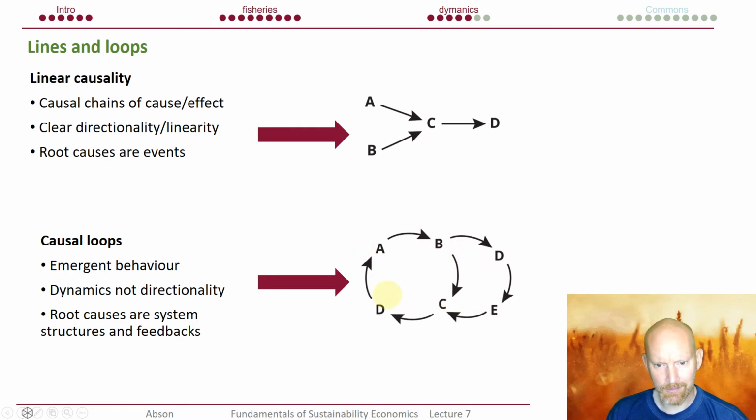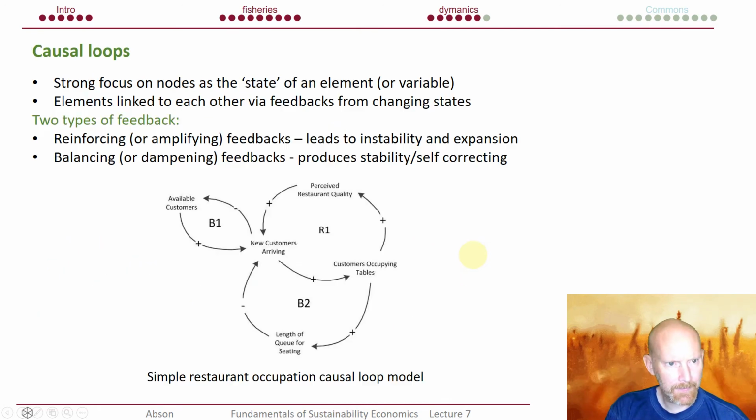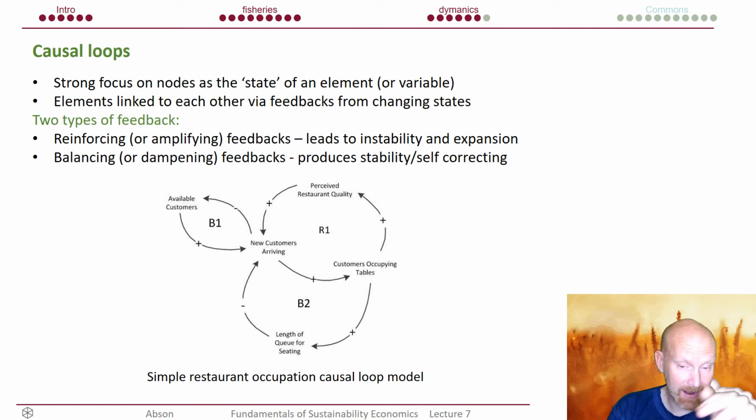There's no starting point in that system. There's a strong focus on the nodes as states, an element. The node, for example, in this causal loop type modeling would be the amount of water in the bath, and the feedbacks are the change in states between different nodes.